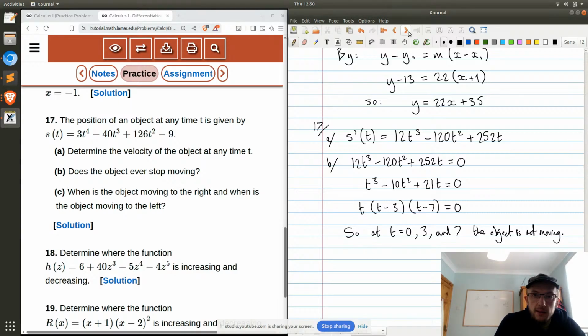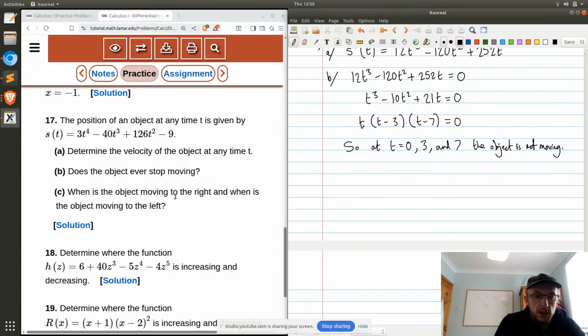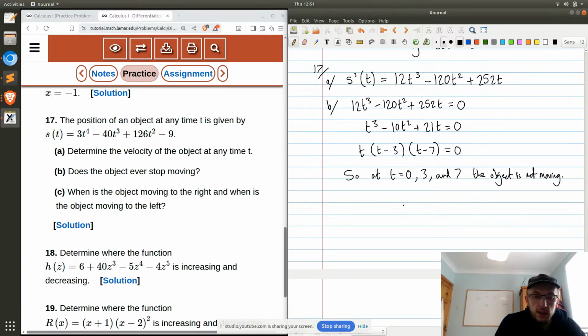When is the object moving to the right, and when is it moving to the left? So we'll take positive velocity as moving to the right. Now, all right, so this is a cubic. So when is the cubic positive? That's the real question. And so we visualize the cubic on the graph like that.